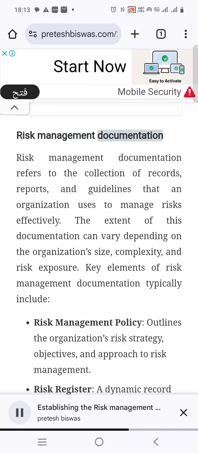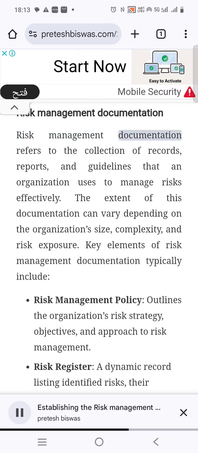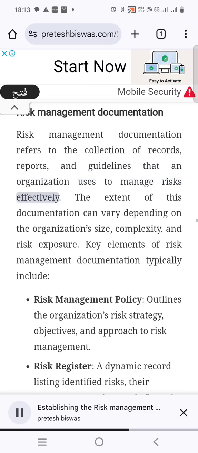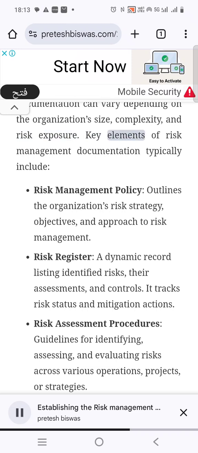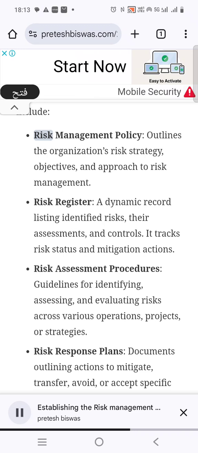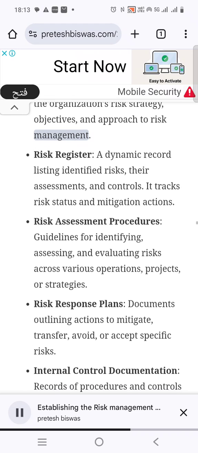Risk management documentation. Risk management documentation refers to the collection of records, reports, and guidelines that an organization uses to manage risks effectively. The extent of this documentation can vary depending on the organization's size, complexity, and risk exposure. Key elements of risk management documentation typically include: risk management policy, which outlines the organization's risk strategy, objectives, and approach to risk management.